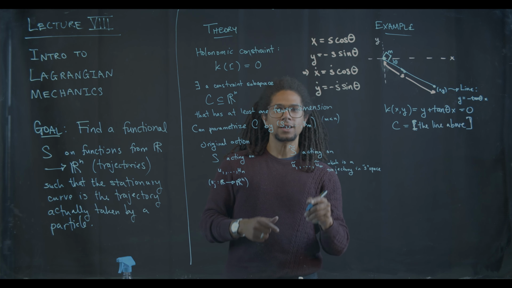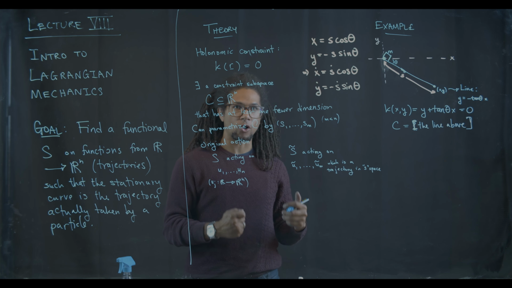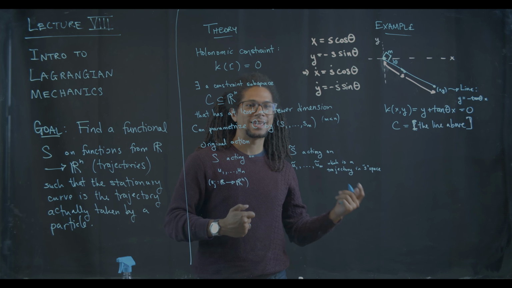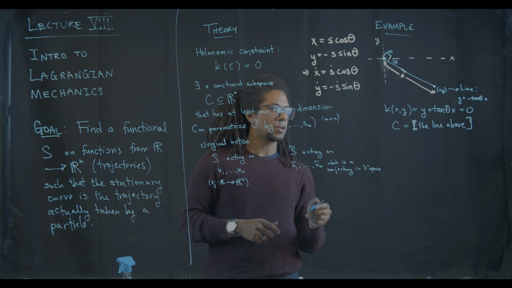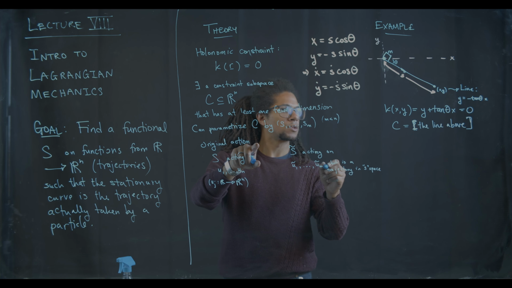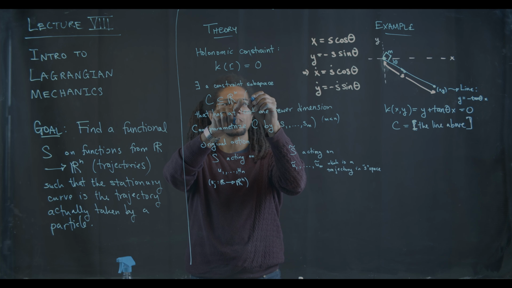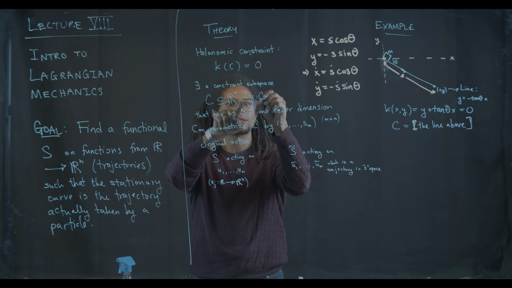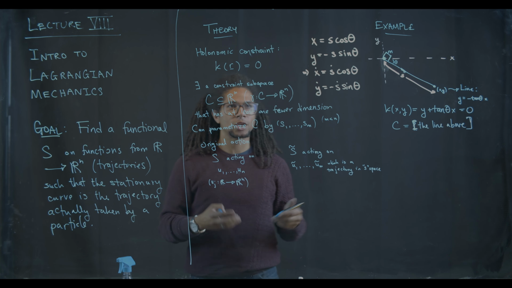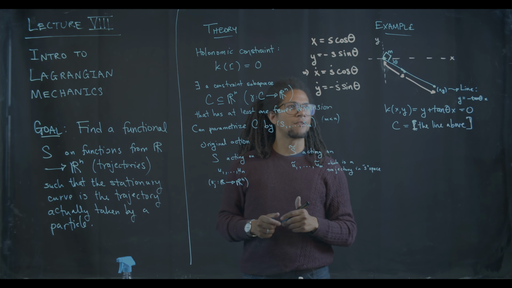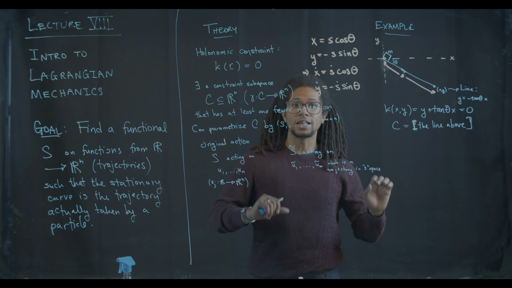Now, because this constraint subspace is a subset of Rn, we have some map gamma from C to Rn. Mathematicians would call this map an inclusion map, but whatever. It's just the statement that this line, for instance, lives in R2.